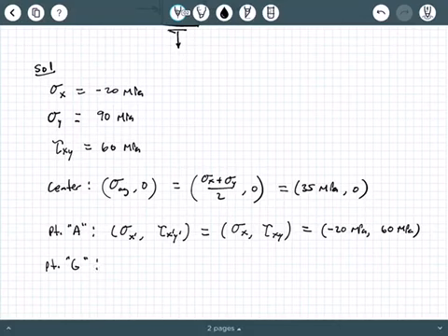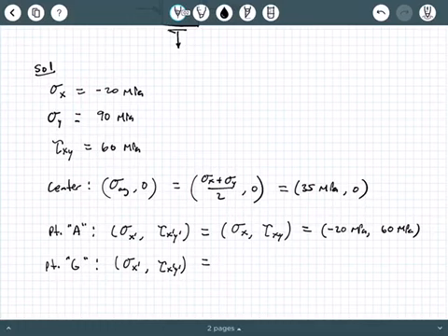And as we've mentioned in a previous video, that would always be the case when you're defining point A, so long as you define your local axes corresponding with the global axes for point A. So when we punch this through, it's pretty simple. Negative 20 megapascals comma positive 60 megapascals.